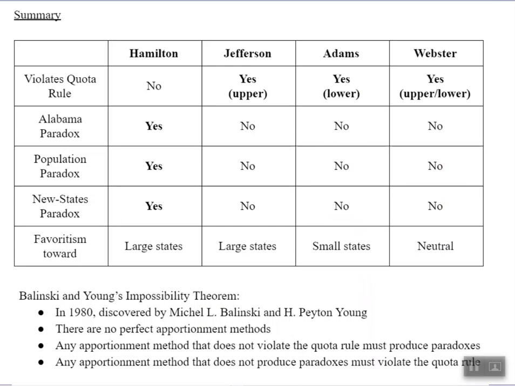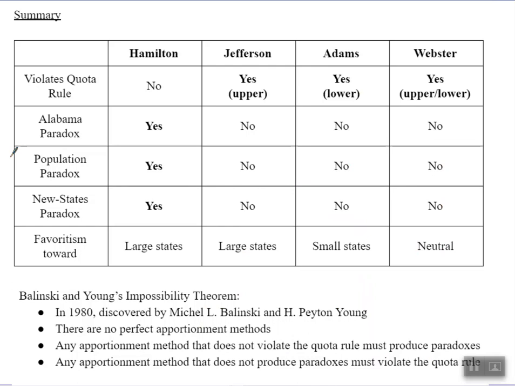There were 3 paradoxes that we looked at with Hamilton's method. The Alabama paradox, where you change the total number of seats in the House of Representatives, make it larger, but a state still loses a seat. Hamilton's method is the only one that is affected by that paradox. We have the population paradox, where a state's population increases, but they lose a seat to another state that did not have as big of an increase in their population.